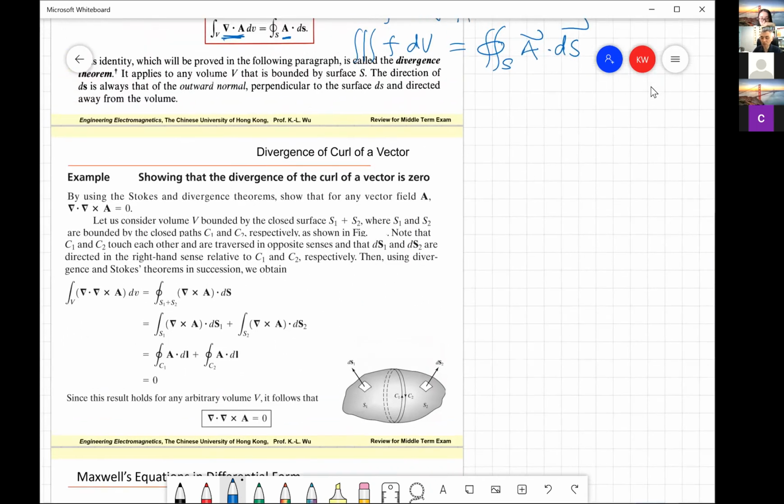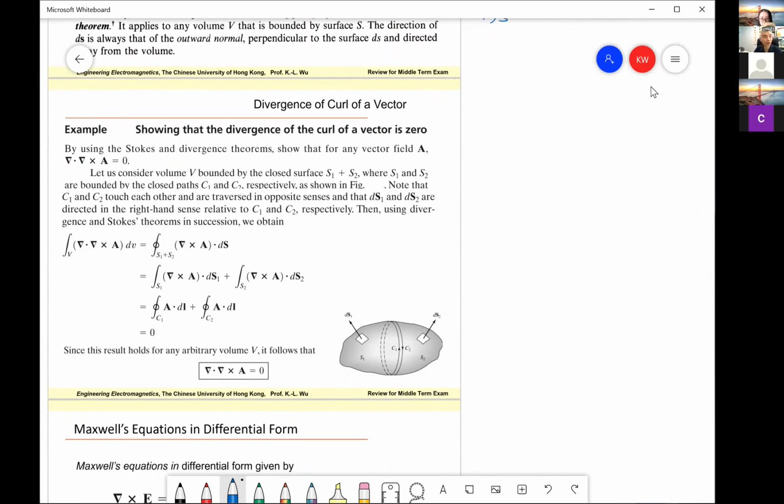Now, the last useful vector identity we are using all the time is for any vector you calculate the curl. Then if you take a divergence of this curl, it's always equal to 0.